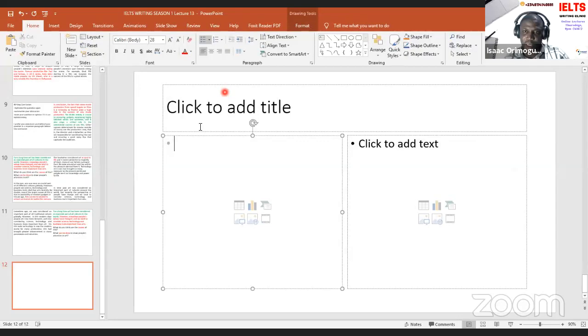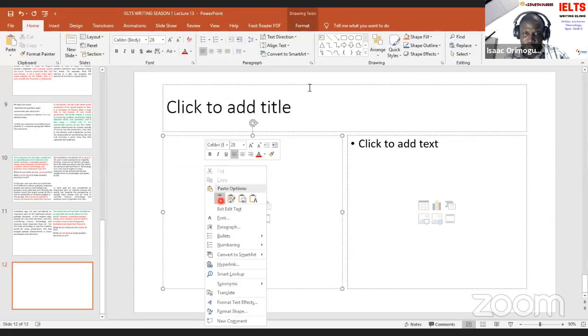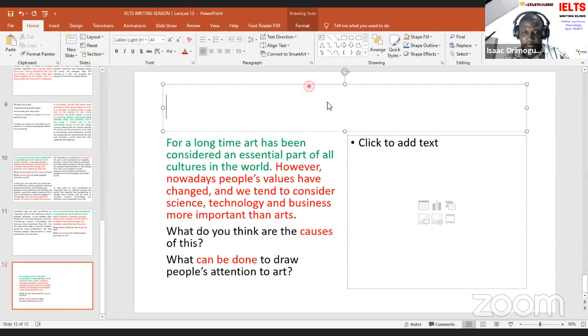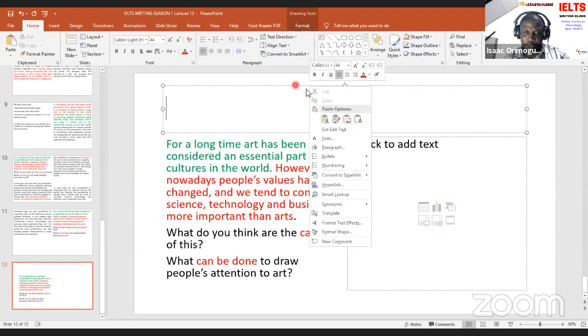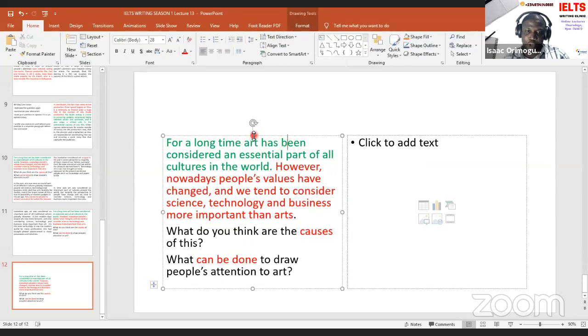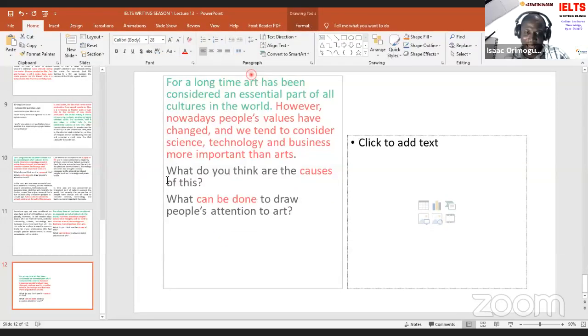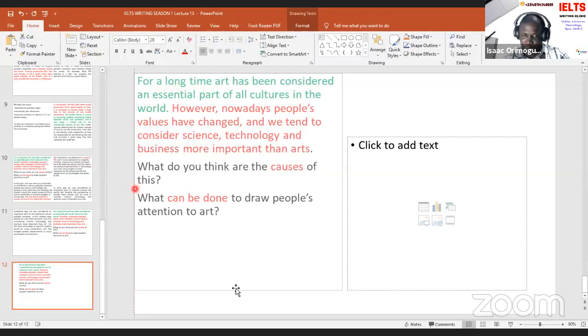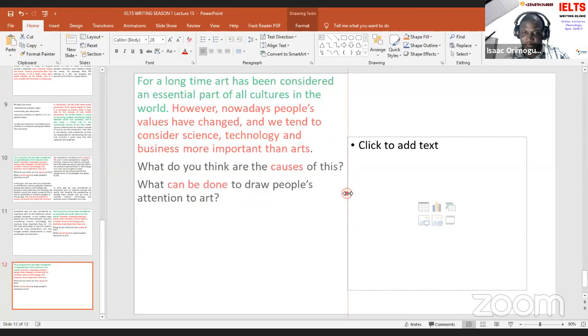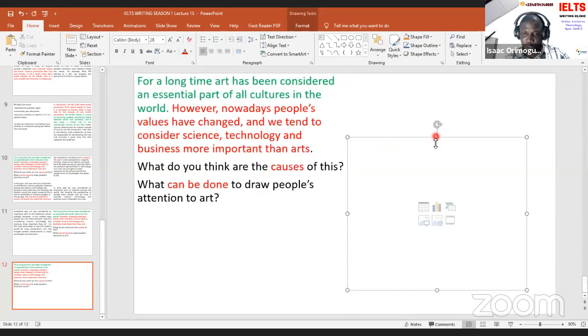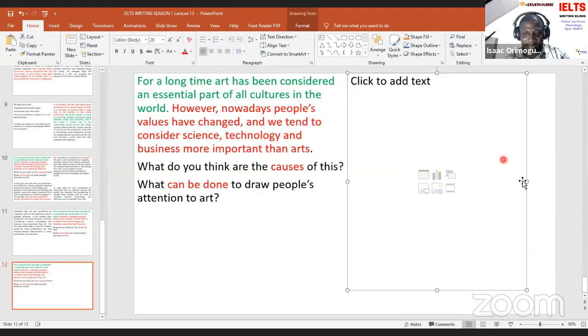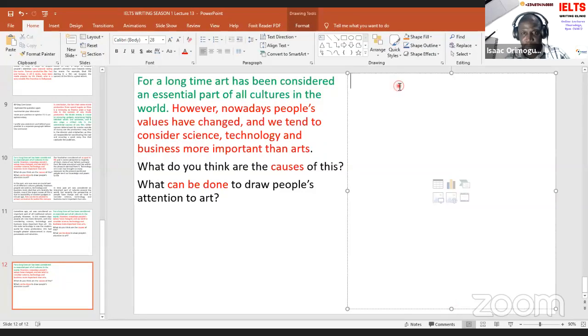I think someone sent a message; I will check it now. So I'm going to write an introduction. One of the things you need to consider is that you need to deliberately use higher words and expressions. For those who wrote, the second, third, and fourth person, your writing was clear, but you were not deliberate in using higher expressions.